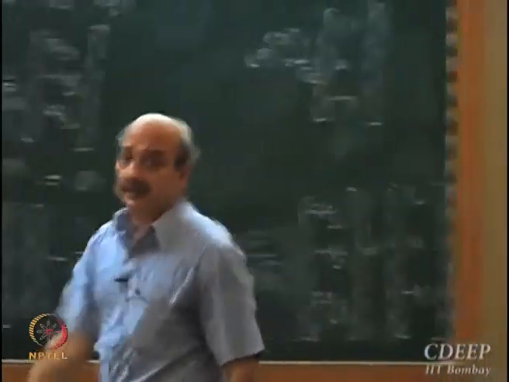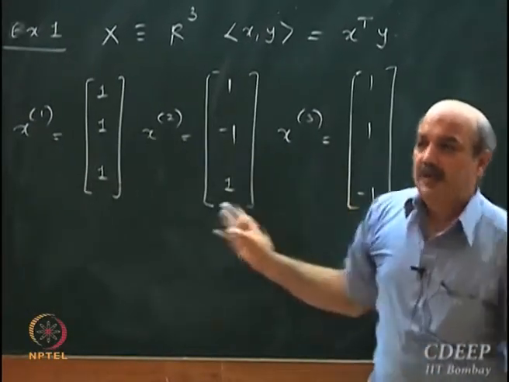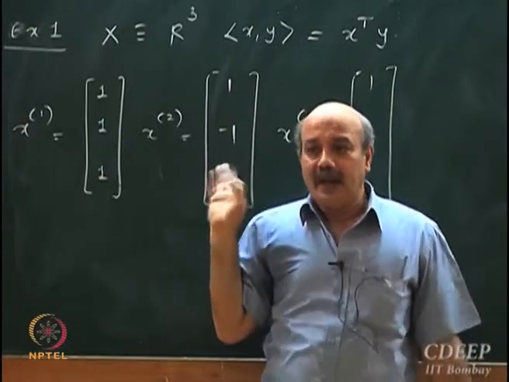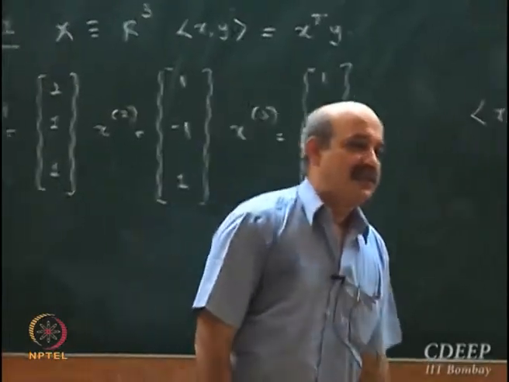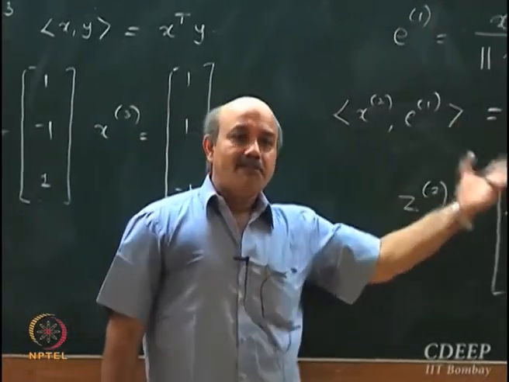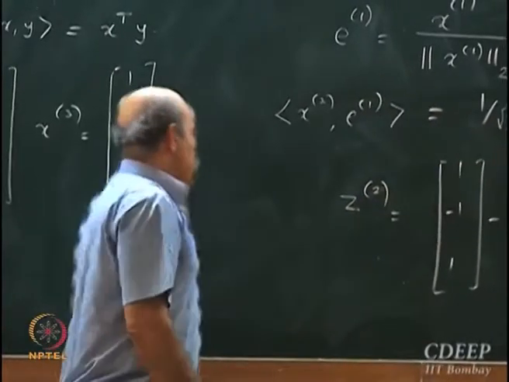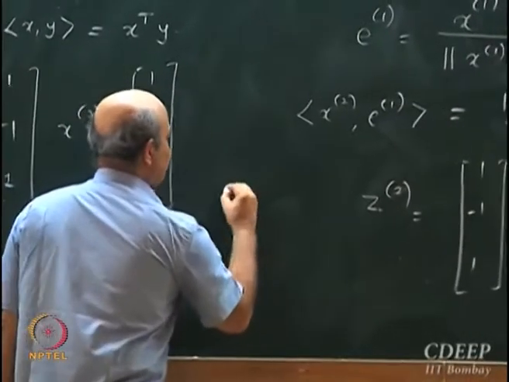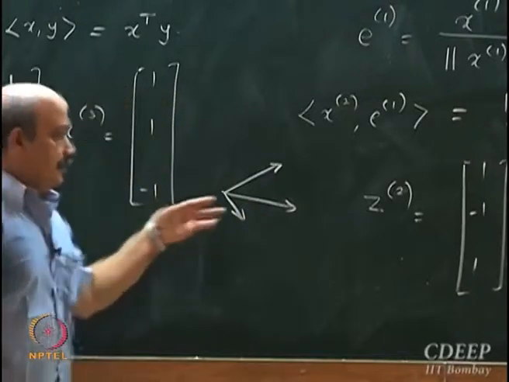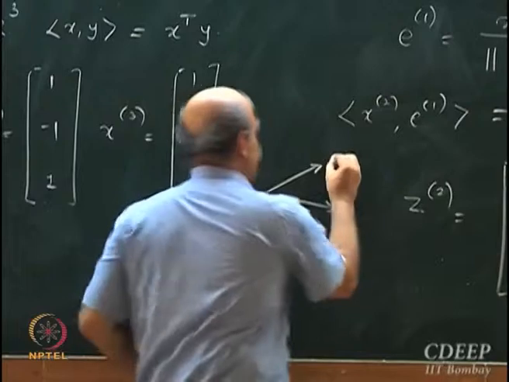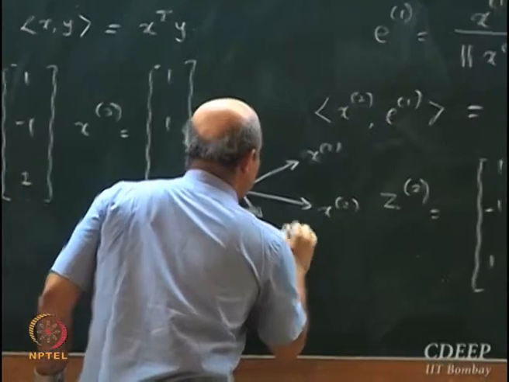So I started here with 3 vectors in R3 which were not orthogonal, and then systematically I could construct a set of 3 vectors which are unit magnitude orthogonal vectors. So you started with 3 linearly independent vectors in R3, let us say X1, X2 and X3.